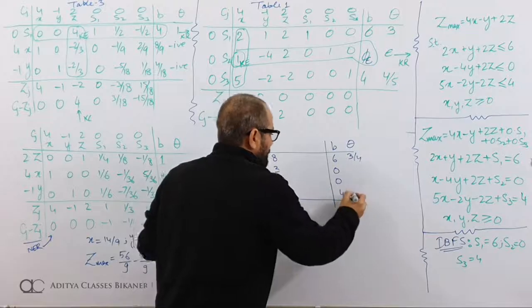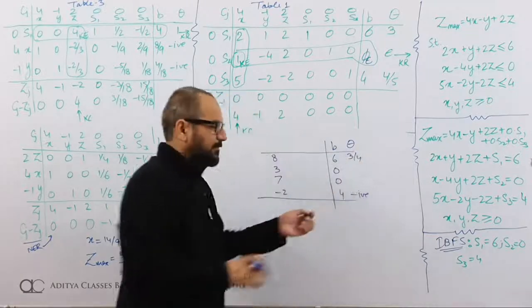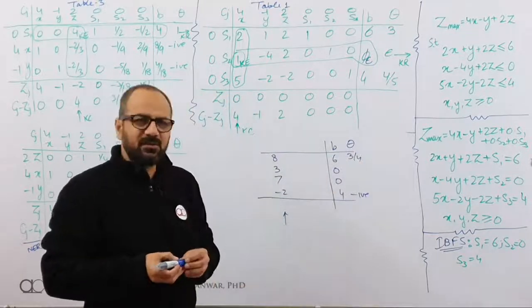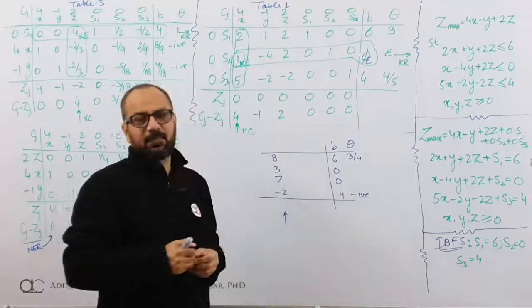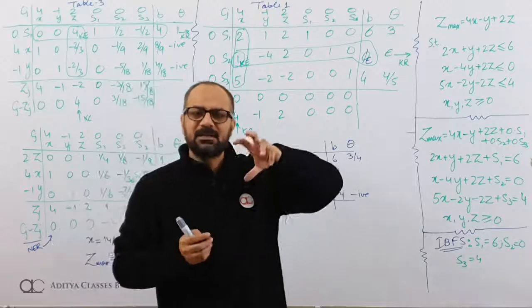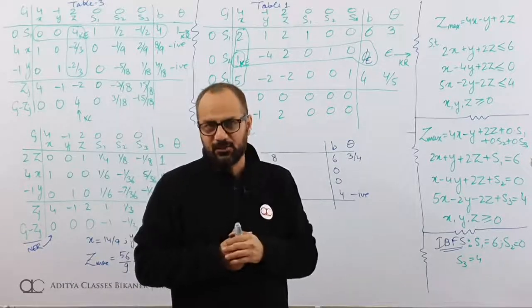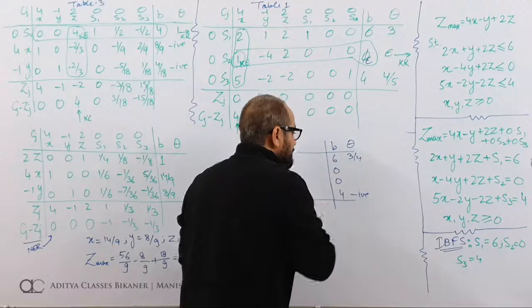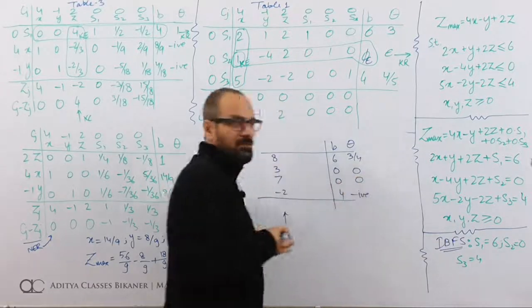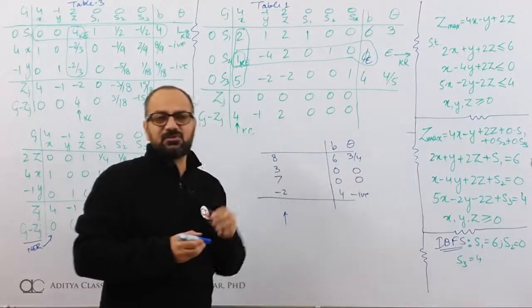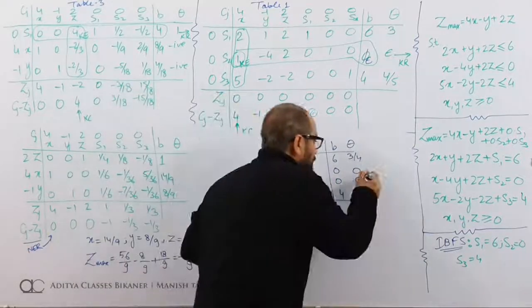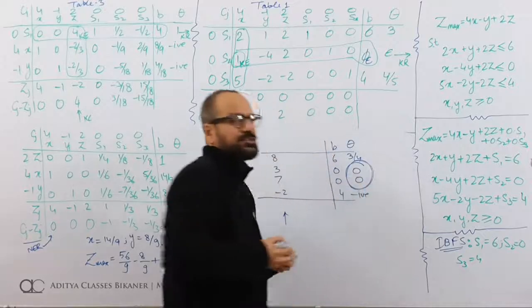This would be negative, so this is rejected. 4 divided by minus 2 would be a minus 2, which is rejected outrightly. We need the least positive. Now in this case, if we go ahead with the rule of selecting 0 as my least positive value, then which one of these 0 is your least positive value? Because this is 0 by 3 and this is 0 by 7. 0 by 3 is 0, 0 by 7 is also 0.